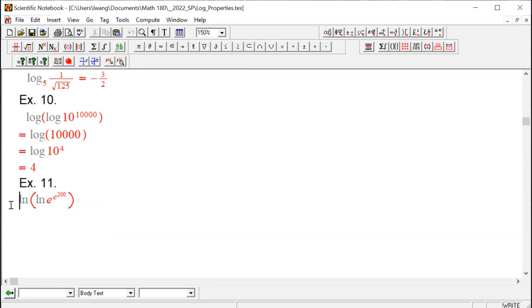What do we do here? Still inside out. The outer ln is going to wait outside, and inside, when we are handling this, we look at this is the base, and that's the power. So inside, we're going to get e raised to the power 200.